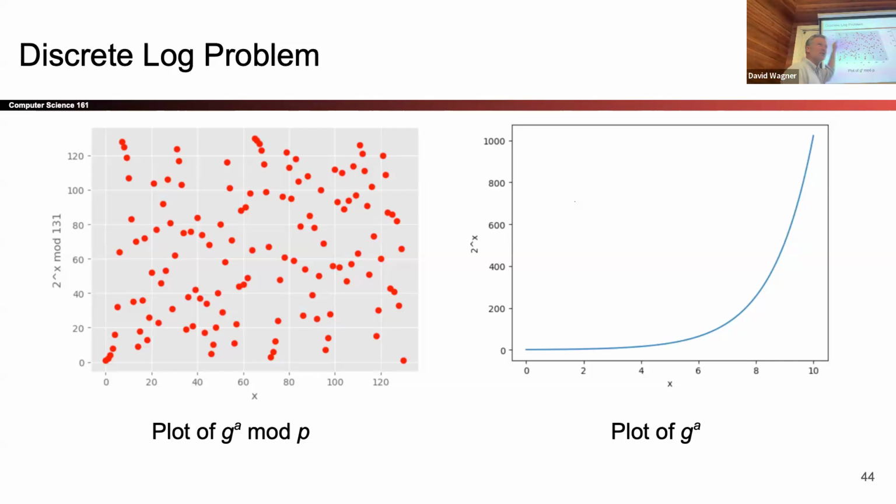So it's going up as much as it's going down, and there's no longer any smooth-looking pattern there. That's why, intuitively, we don't know any way to compute the inverse of this function, to get a back out from g^a. In the normal function, if I gave you g^a, if I told you where you are on the y-axis, you could easily back out where x is by doing binary search or something. Here, there's no such regularity that would make it easy to back out what it is.